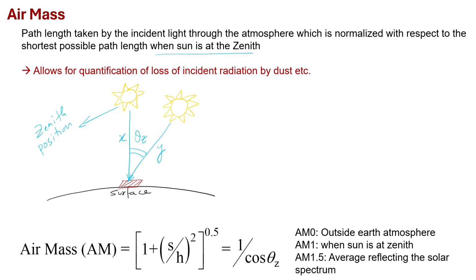So, we can approximate this as, let us say we have the sun falling on an object, and this is the object of height, let us say h.